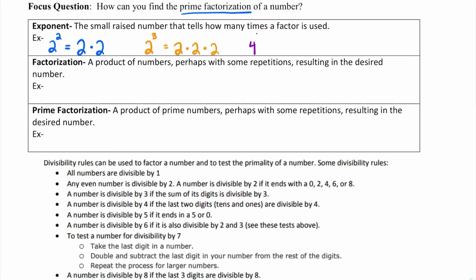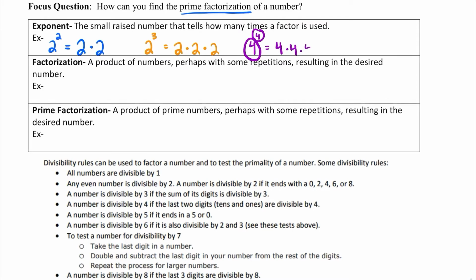Now let's look at one final example here. Let's do 4 to the fourth power. If I were there, I'd ask you guys, what numbers am I multiplying and how many of them? But because I'm not there today, hopefully you're thinking, I know that this number 4 is going to be multiplied 4 times.